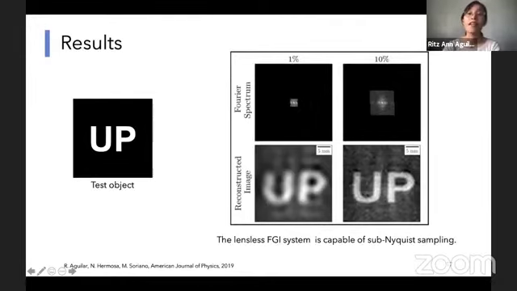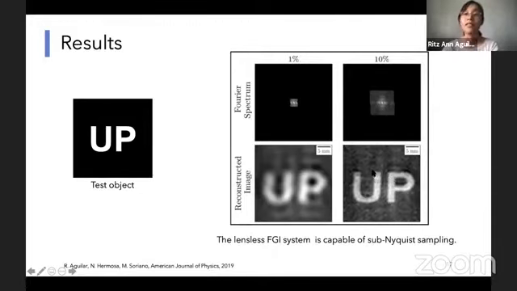By taking the inverse Fourier transform of this, we were able to reconstruct the image of UP here. At 1%, you can already see the details of UP, and even at 10%, we can see a clearer image of UP, although it's kind of noisy because of the absence of a focusing lens.